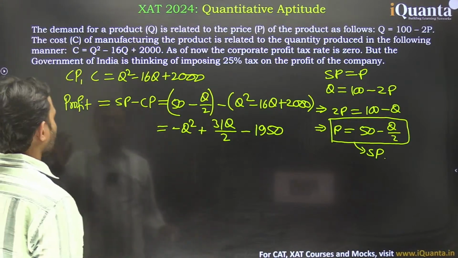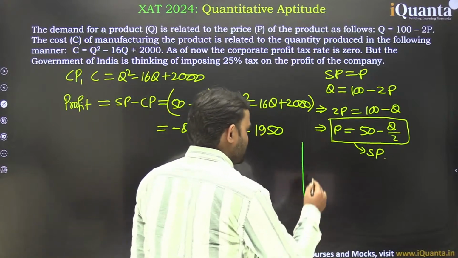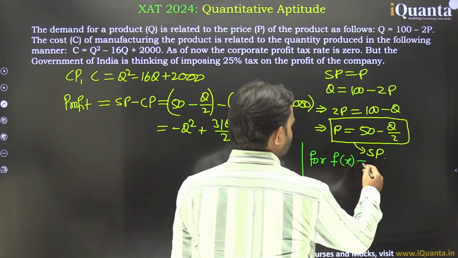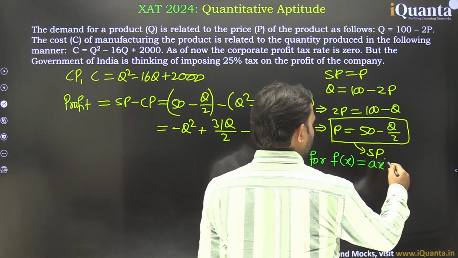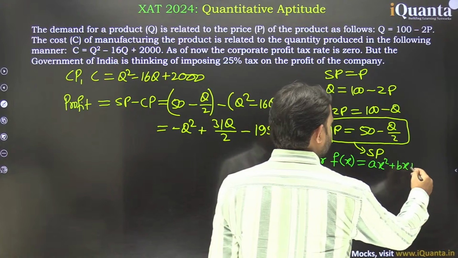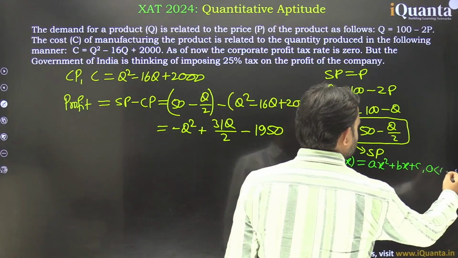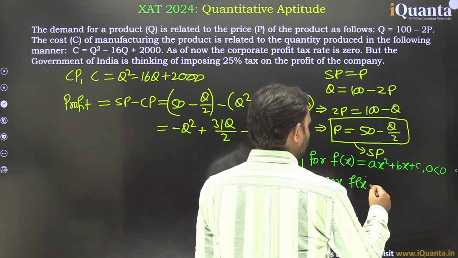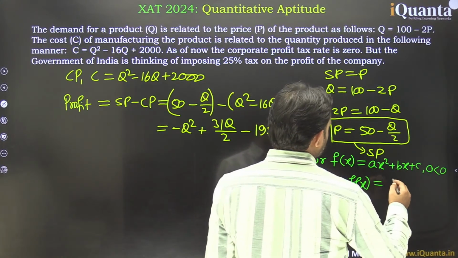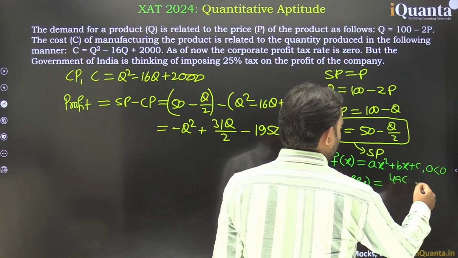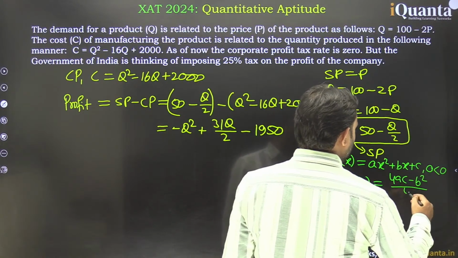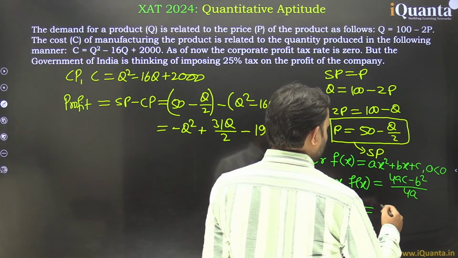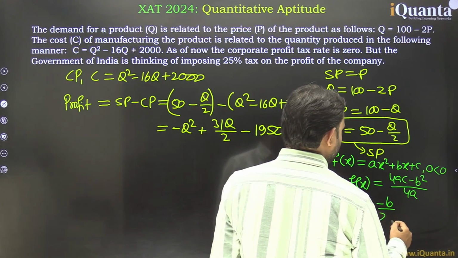What do we know about quadratic expression f(x) is equal to ax square plus bx plus c? If a is less than 0, the maximum value of f(x) is equal to 4ac minus b square upon 4a at x is equal to minus b by 2a.